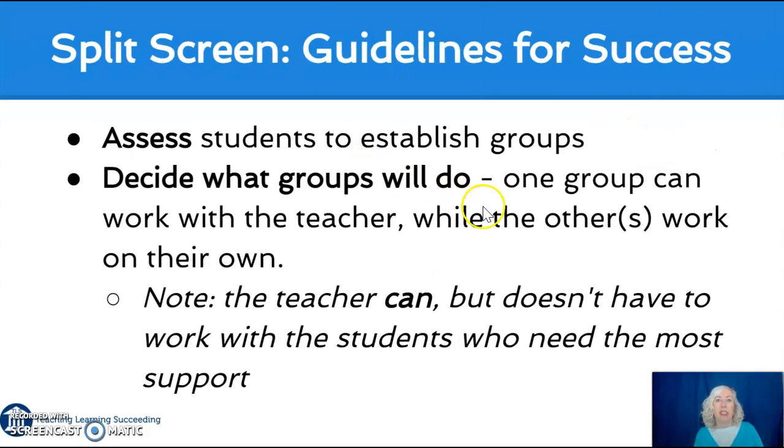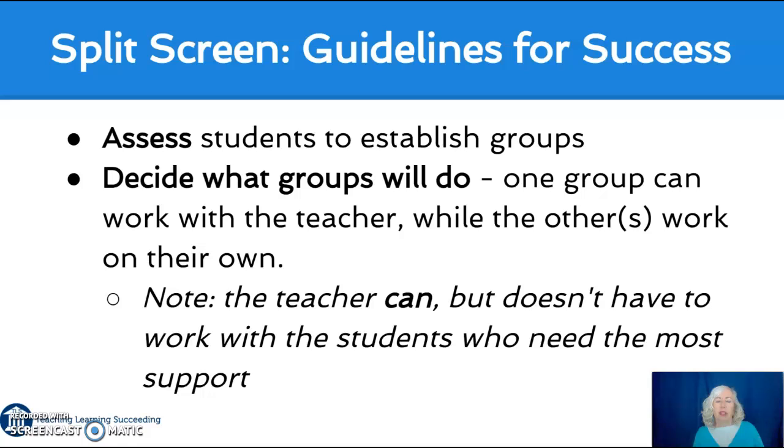Here are some guidelines to keep in mind. Use the data at hand to inform the best groupings to suit your students' needs. And what may be obvious, plan out what each group will do while the others work on their own. Note, the teacher doesn't always have to work predominantly with the students who need the most support.